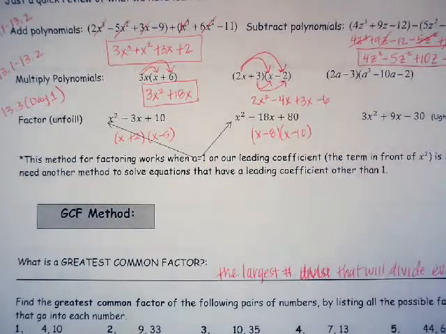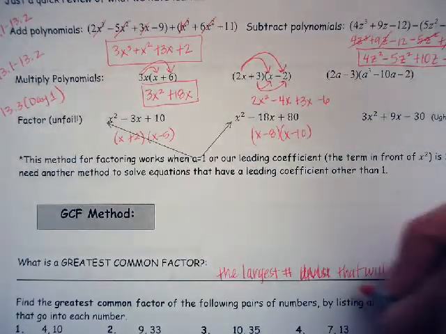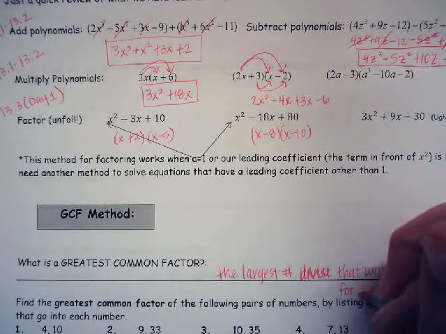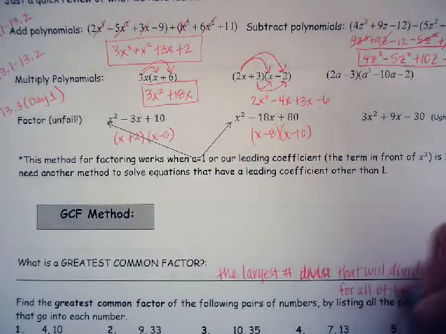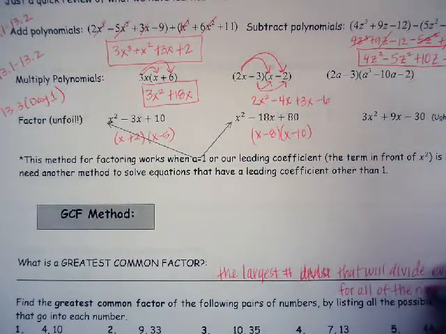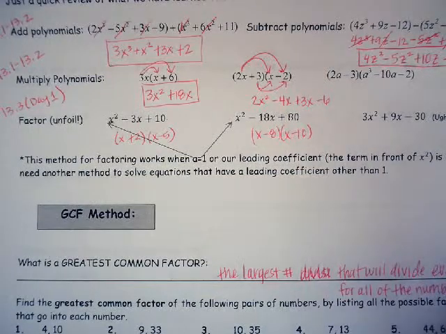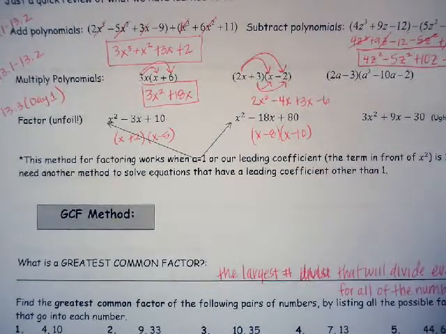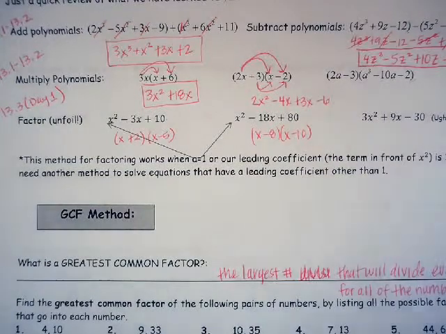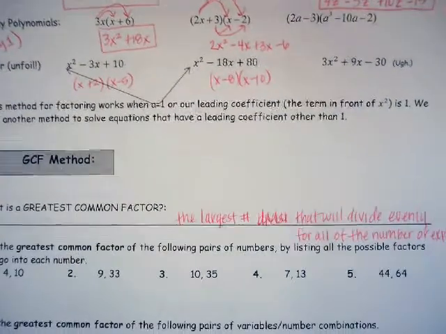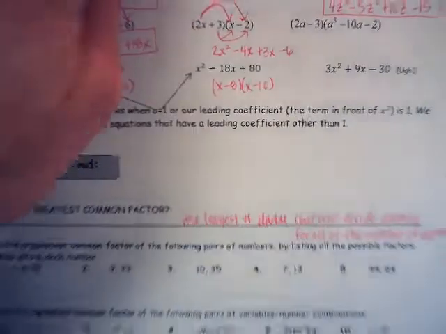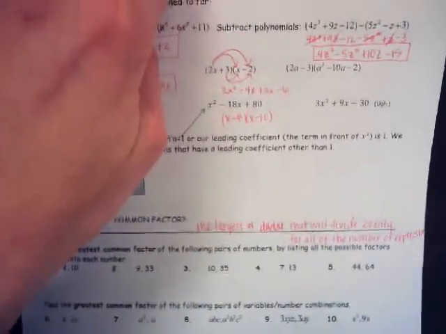And I said both of them, but what if there's 3? So let's put that will divide evenly for all of them, all of the numbers or expressions. So sometimes, I guess what I'm trying to get at here, I know you can't see everything I was writing, is that it's not always a number either. I'll show you why here in just a moment.